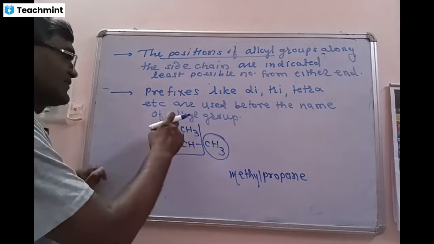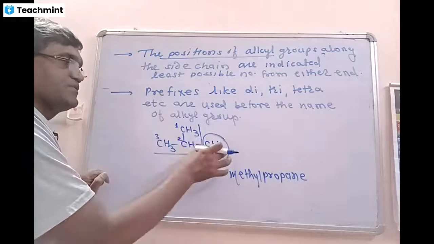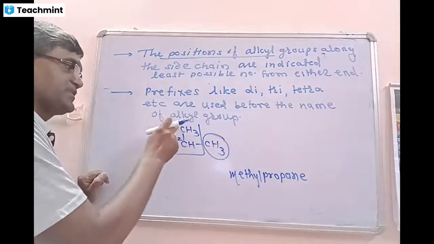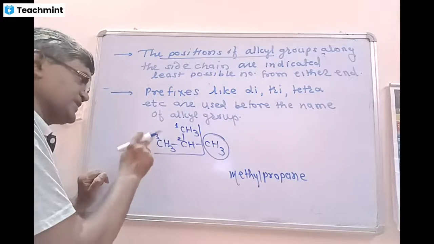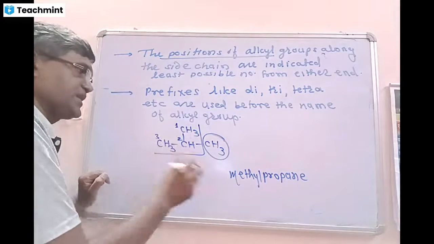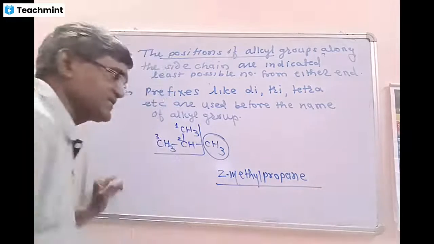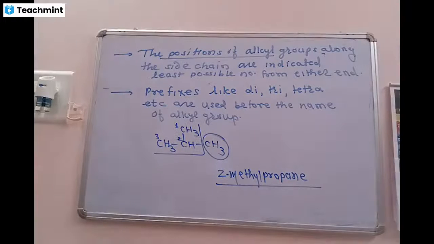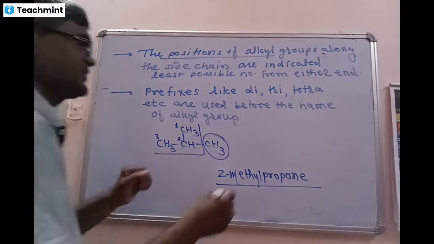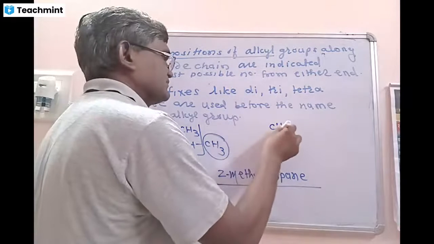Carbon number 2 carries this group. Carbon number 2 from this end, also from this end 1, 2 and 3, then also the carbon number 2. So this will be the IUPAC name of this compound. You got this? Yes. Okay. Now if I have this compound, see here.